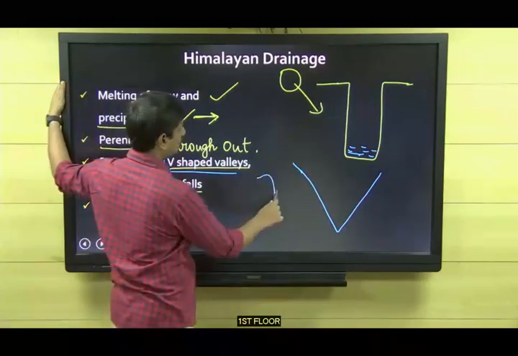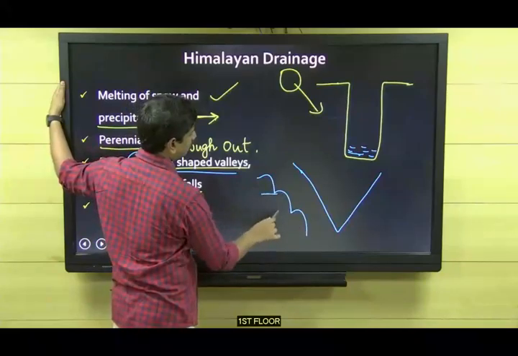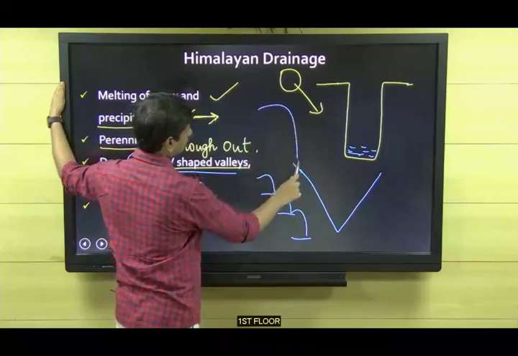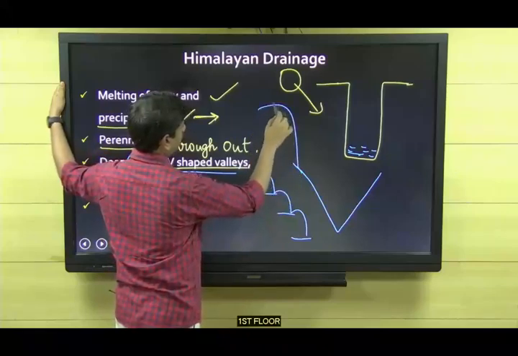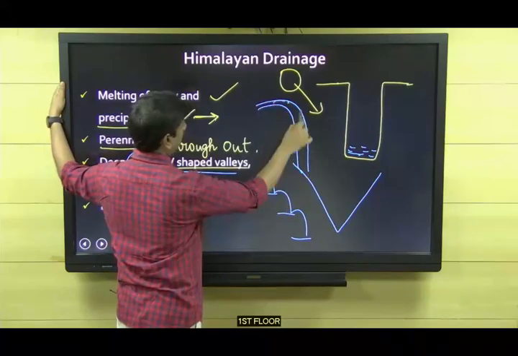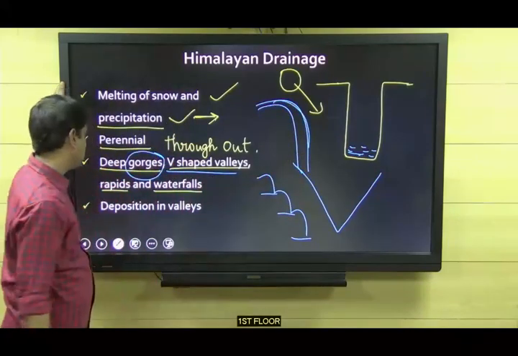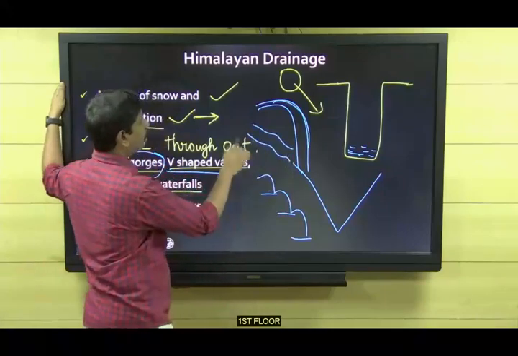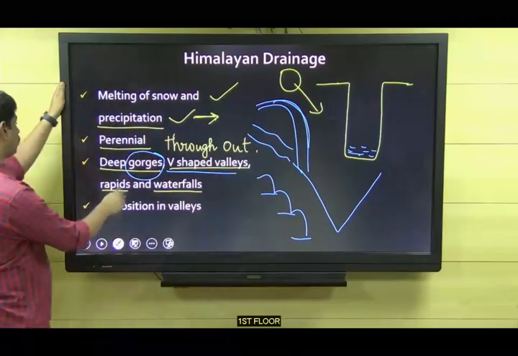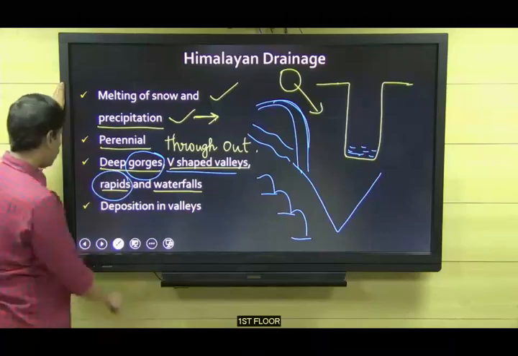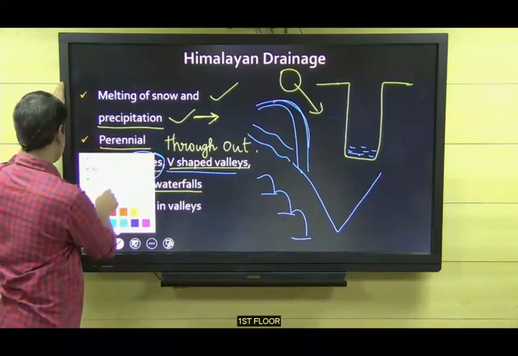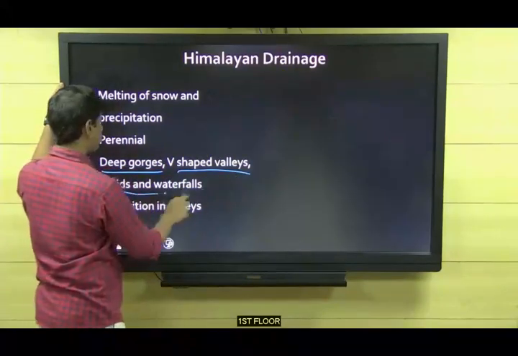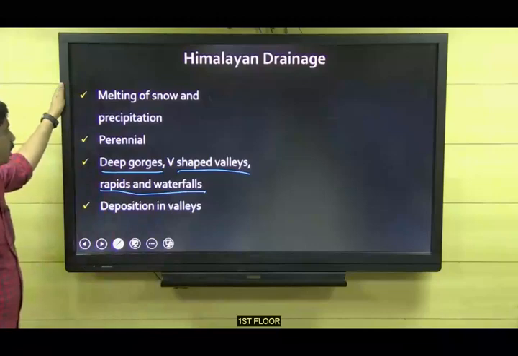If waterfalls come continuously one after the other, it is known as a cascade. A waterfall is where the water falls from a certain height. A rapid is a fast moving river; it need not be a fall. So Himalayan rivers are characterized by deep gorges, V-shaped valleys, rapids and waterfalls.